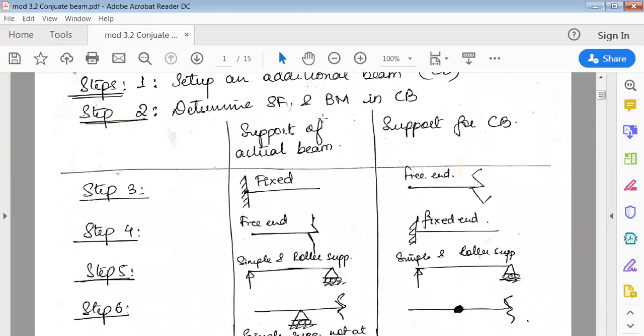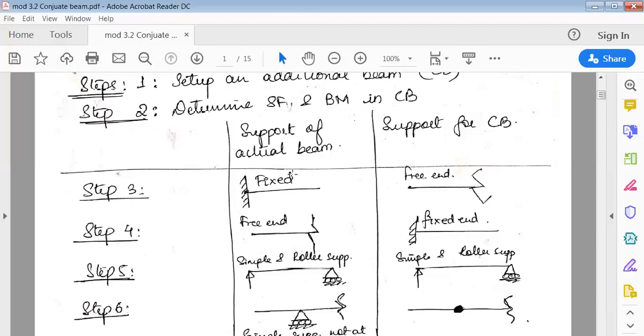Now you can check this out. This is the support of the actual beam, the supports which are given in the actual problem. We'll replace this support with the conjugate support, that's why it's called conjugate beam support. See here, the left end is a fixed support in the actual beam. The same end gets converted into a free end in the conjugate beam.